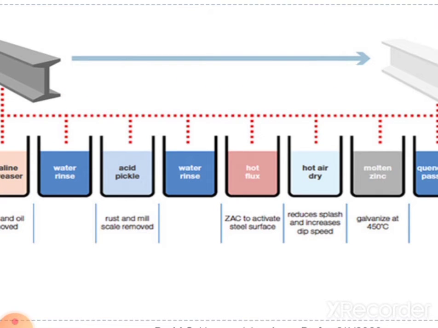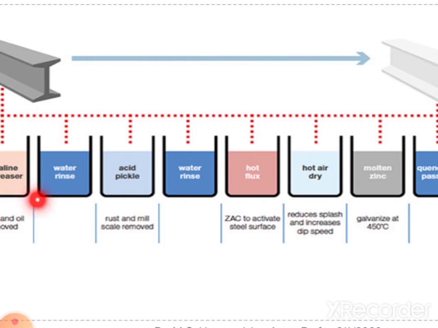Before processing that, it is cleaned with alkaline or organic solvent to remove the old paint or oil, etc. It is called alkaline cleaning, or organic solvent cleaning, or it is also known as the degreasing process.